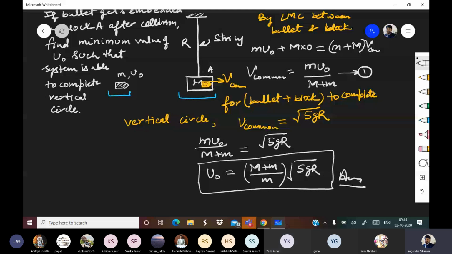That has been clearly taught today itself. There should be no confusion regarding that.